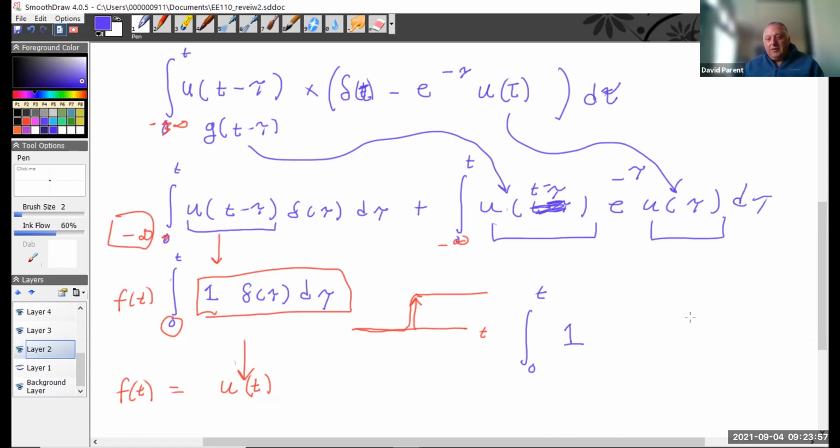That just becomes 1, and that becomes tau.